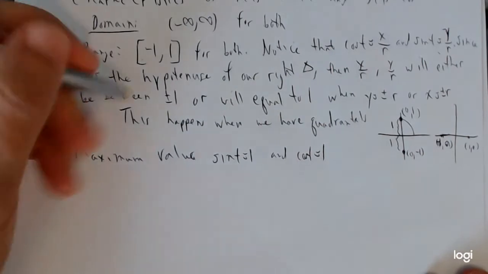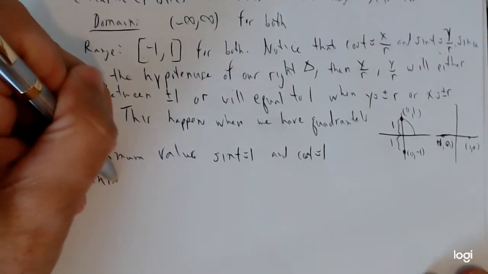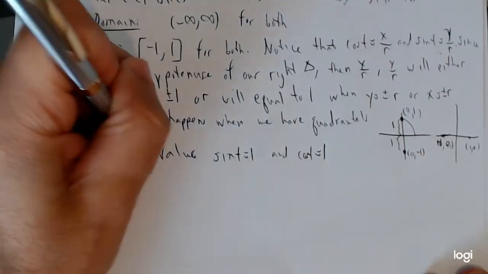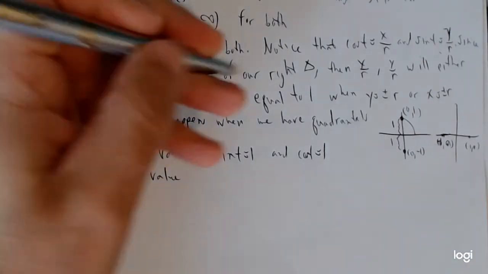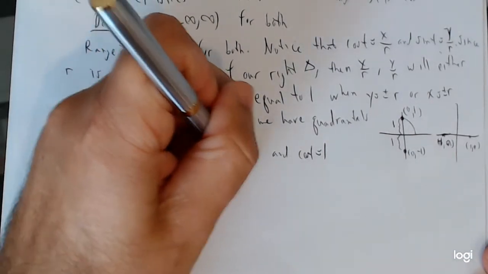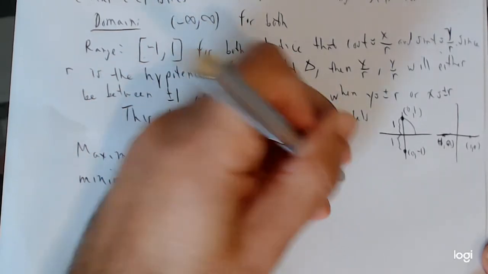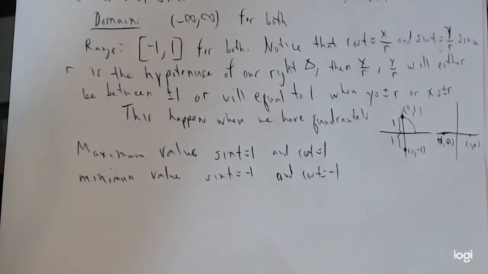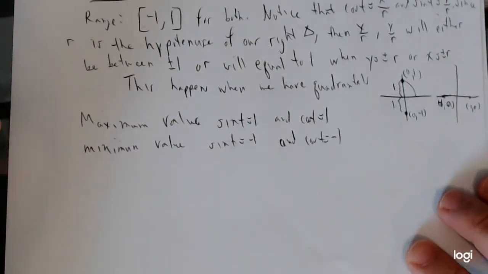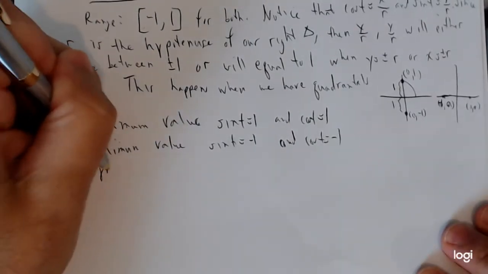And then the minimum value for sine of t is negative 1, and for cosine of t is also negative 1. So we know that sine and cosine will never be any larger than 1, and they'll never be any smaller than negative 1.